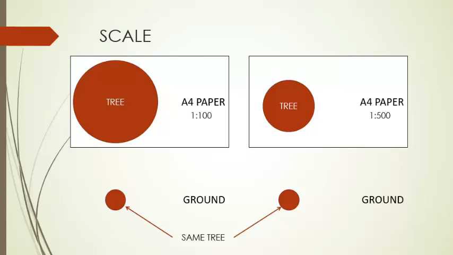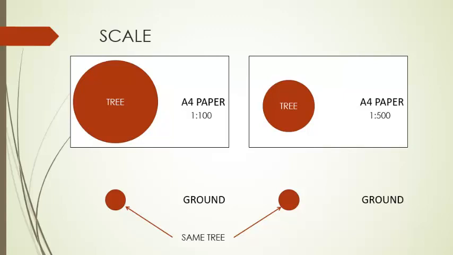A feature, let's say a circle drawn with 1 centimeter diameter on an A4 paper, represents 1 centimeter diameter on the ground. This is 1:1 ratio or scale. The feature on paper is exactly the same size as the feature on the ground, 1:1.